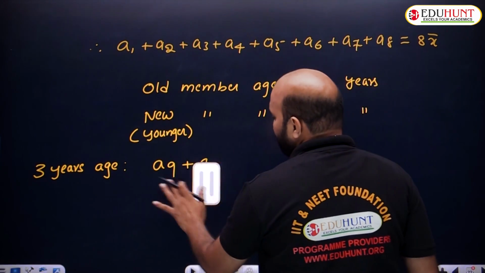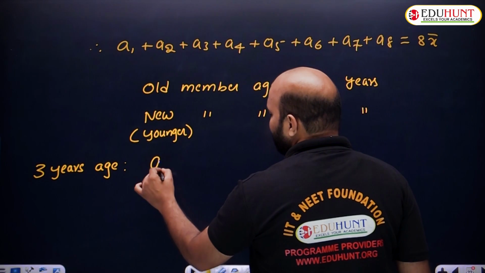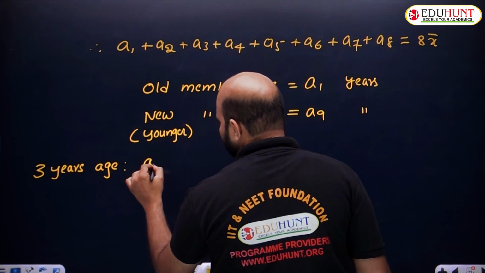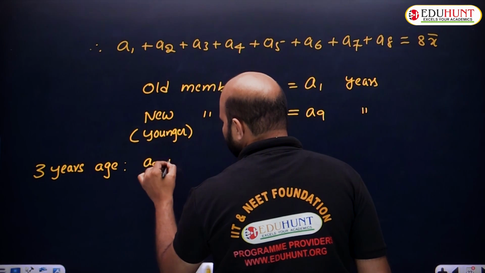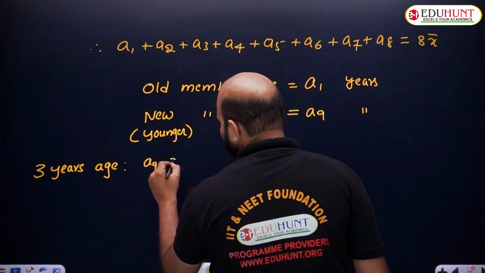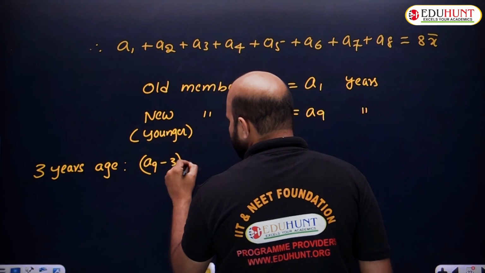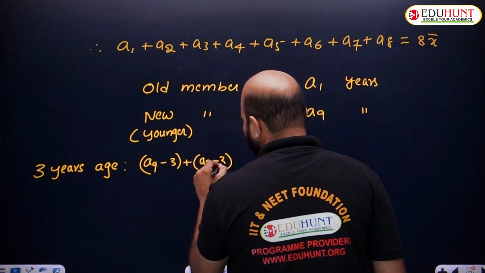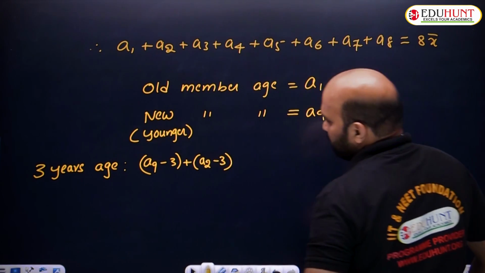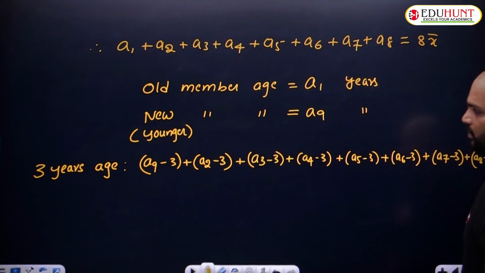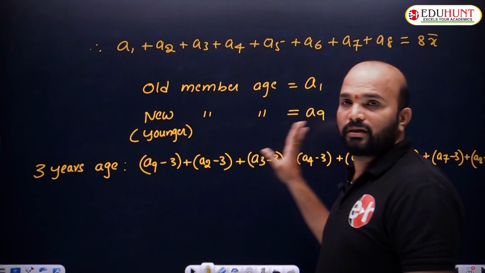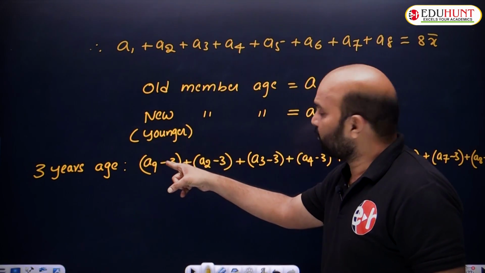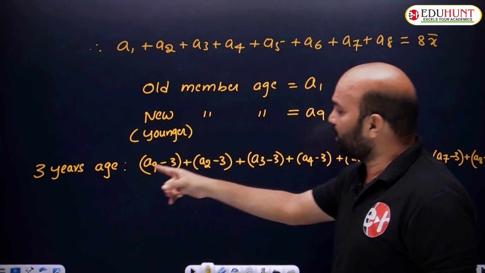So we get A9 minus 3. Am I clear? That's why I have taken each one as minus 3, because it is 3 years ago.